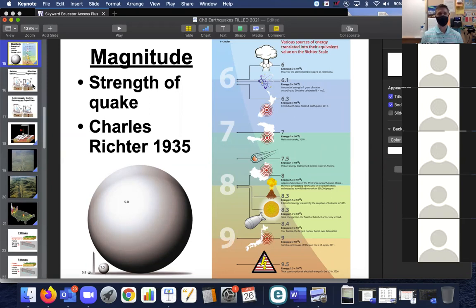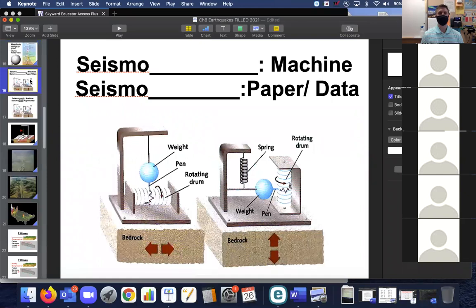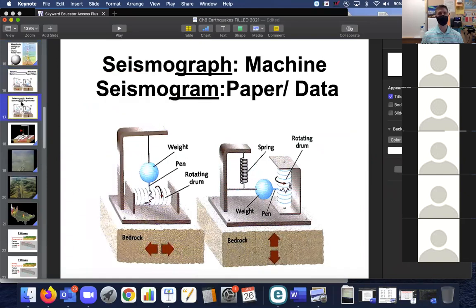All right, so getting into detecting earthquakes, we detect earthquakes with a machine called a seismograph. So that's the machine. The seismograph is the machine that detects earthquakes. The paper that machine produces, or the data or the information, that's the seismogram.